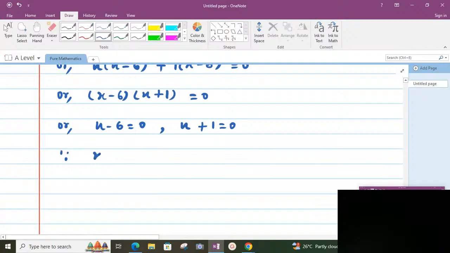Therefore, here x equal to 0 plus 6 equal to 6 and x equal to 0 minus 1 equal to minus 1.